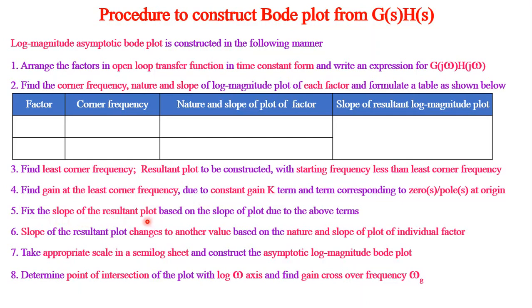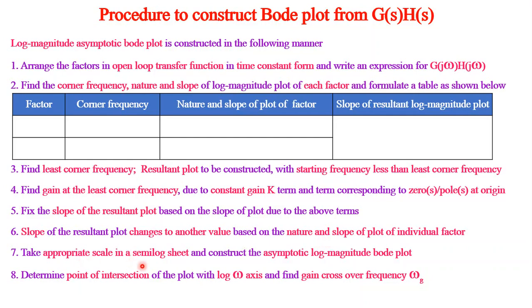Then find the slope of the resultant plot based on the slope and magnitude of the plot due to these terms. Then we know slope changes from one value to another value at every corner frequency. Therefore, take this into consideration and find out how the slope changes in the resultant.